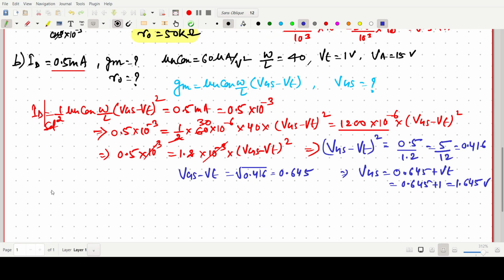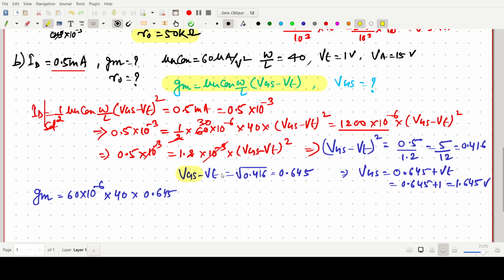So for gm, mu n COX is given 60 micro, W by L is 40, VGS minus VT is 0.645. Once again I am highlighting, our formula is this.